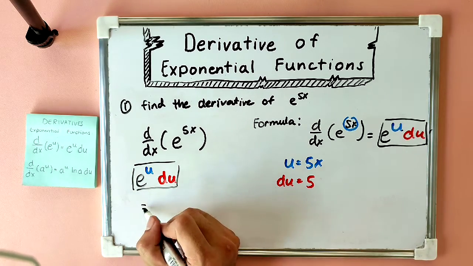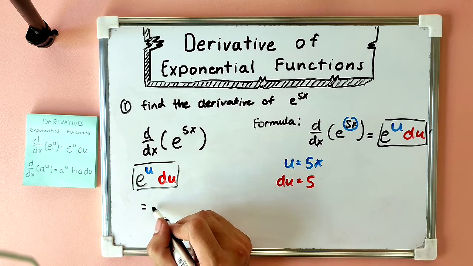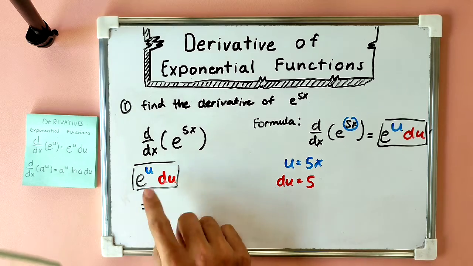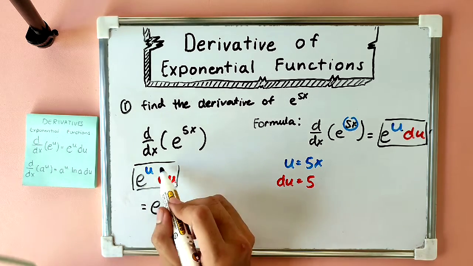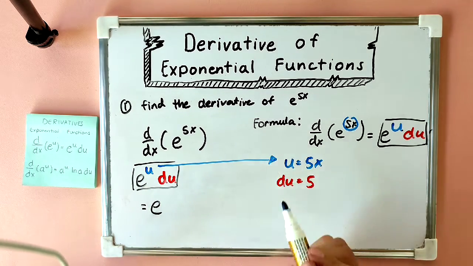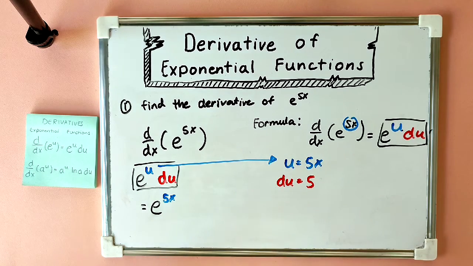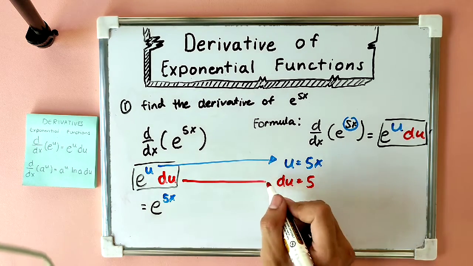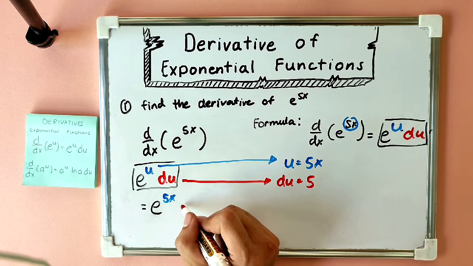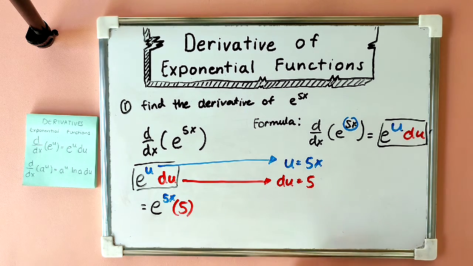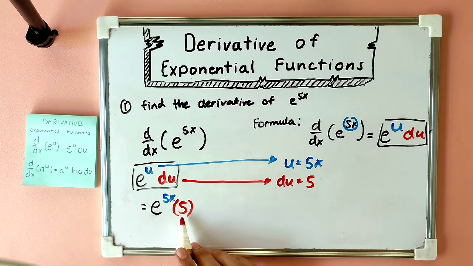Then i-substitute na natin siya, we will just copy e, then ang value ng u natin ay 5x, and the derivative of our u is 5. So lagyan lang natin siya ng parenthesis para hindi tayo malito. That is also equals to e raised to 5x times 5.